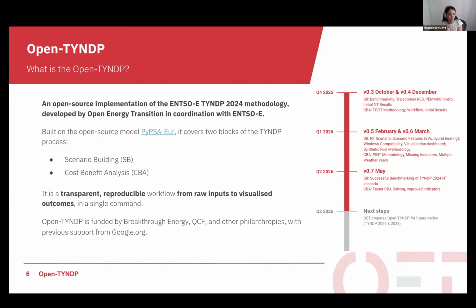We have mainly focused our efforts on the 2024 TYNDP release so far, but as part of the next steps at OET, we are preparing to explore expanding the Open-TYNDP framework and workflow for future cycles such as 2026 and 2028.